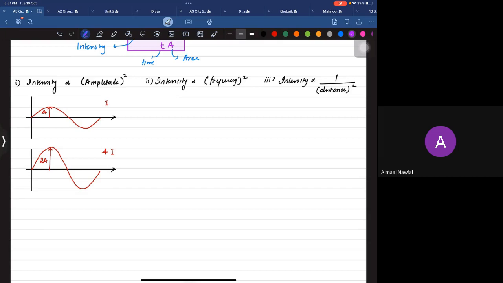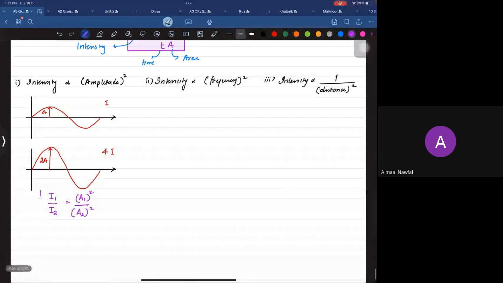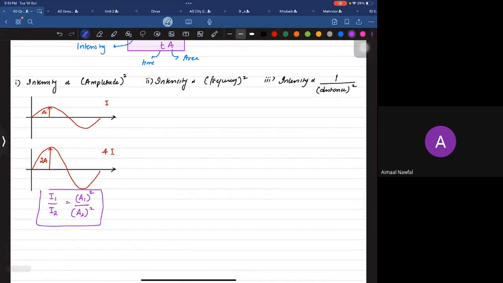So what you do is you just remember this one formula. If you want to find the intensity of the first wave, you divide it with the intensity of the second wave, it will be equal to amplitude square of the first wave over amplitude square of the second wave. If you just remember this ratio, you will be able to find any answer that there is.